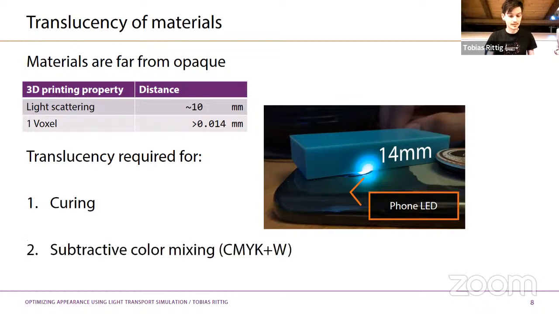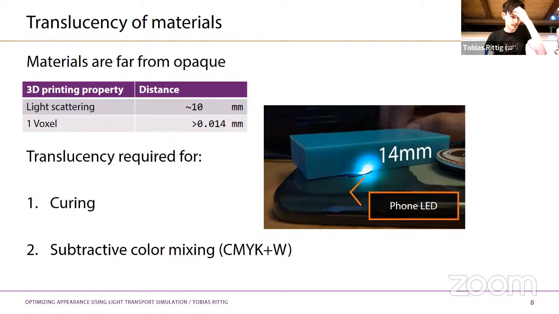And second of all, color 3D printing also relies on a subtractive color mixing system, which means that you're not adding red, green, and blue together to get your colors, but you're subtracting red, green, and blue from each other to achieve a certain color mixture. So just like in a 2D printer, you're relying on this CMYK color space.